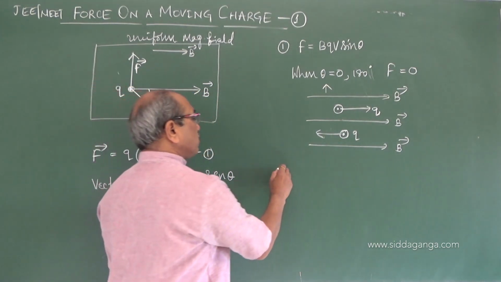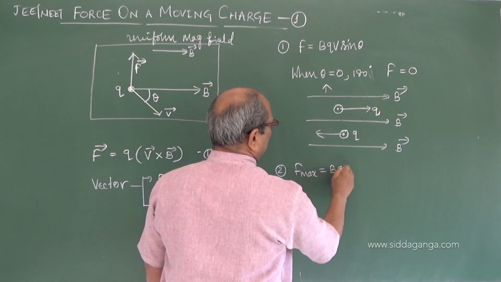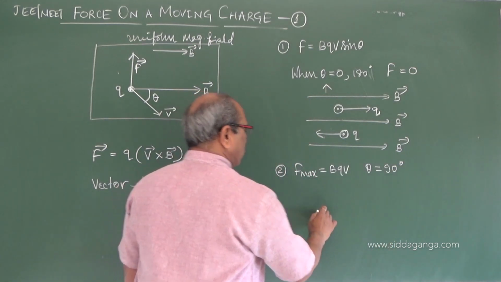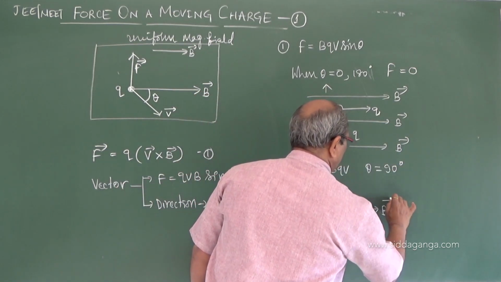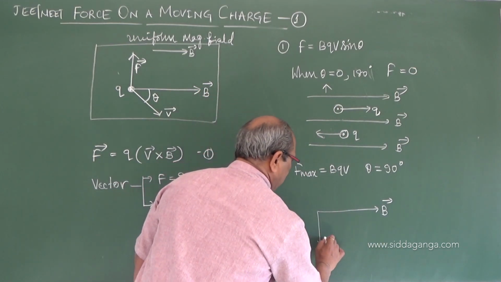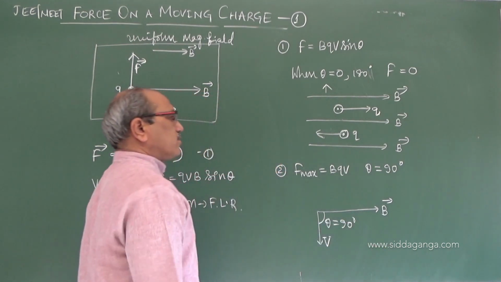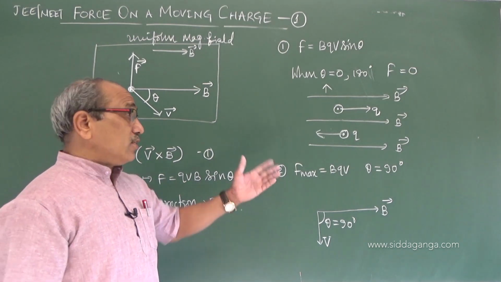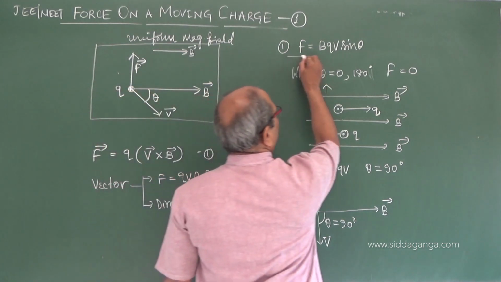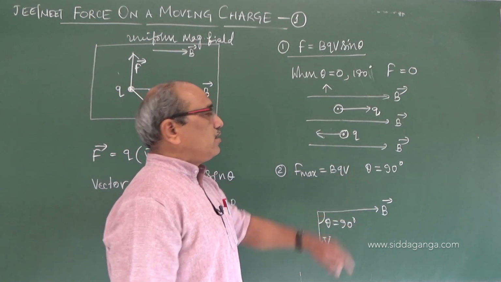But the force becomes maximum, equal to BQV, when theta equals 90 degrees. That means if the field is in one direction and the charge enters perpendicular to the magnetic field, at an angle of 90 degrees, the force is maximum. For other angles, other than 0, 180 or 90, it has the value given by this equation. It swings between 0 and the maximum BQV.